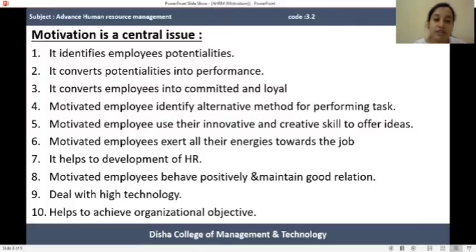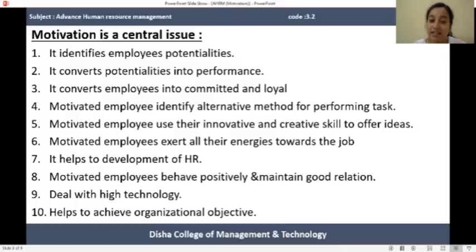Next, motivation helps the employees to use their innovative and creative skills to offer ideas. Motivated employees always do everything in the most effective and efficient way, and they always think of the betterment of the company.